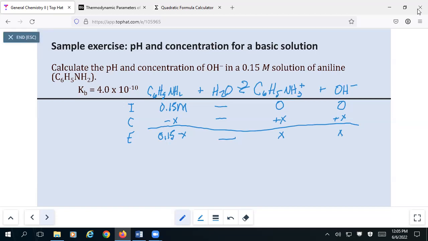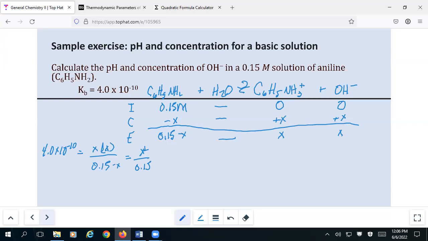So when we set up this equilibrium expression, 4 times 10 to the negative 10th is equal to x times x over 0.15 minus x, we can state with pretty good certainty that the aniline concentration is not going to change significantly. So that is going to condense this down to x squared over 0.15, which means we don't have to solve a quadratic anymore.